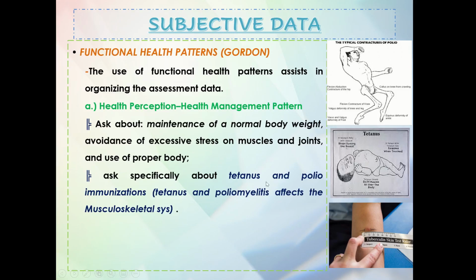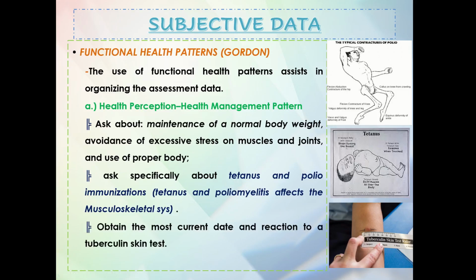So, that's the reason why we ask the patient if nabigyan na sila ng vaccine or immunization ng tetanus and polio. And then obtain the most current date and reaction to a tuberculin skin test.